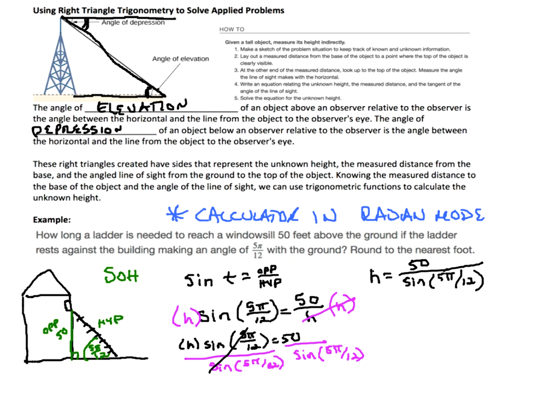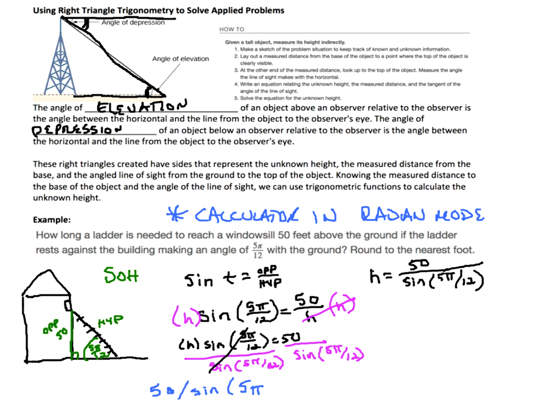And then you're ready to put this into your calculator, and I'm going to write exactly what I put into my calculator to get the correct answer. I did 50 divided by, I hit my sine key, and it opens up a set of parentheses. I did 5. I used my pi key. Do not use 3.14.